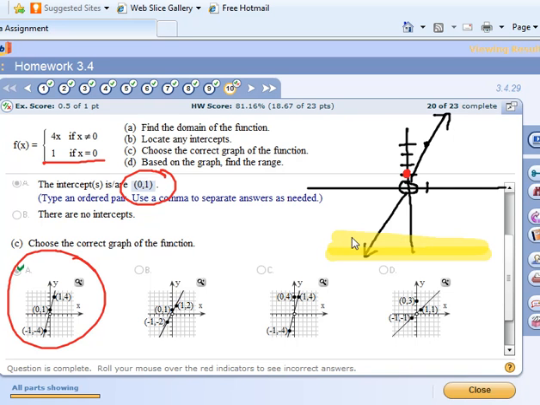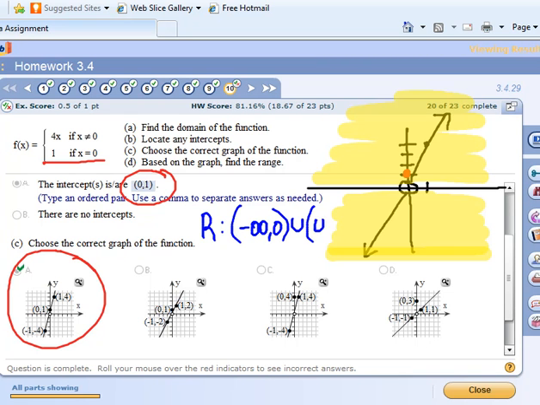So as I move up the graph, we have y values everywhere until we hit 0. And then there's nothing at 0, but then we continue on up after that to infinity. So that tells us that our range for this is going to be negative infinity to 0, and then we jump over 0, start back up, and go all the way to infinity.